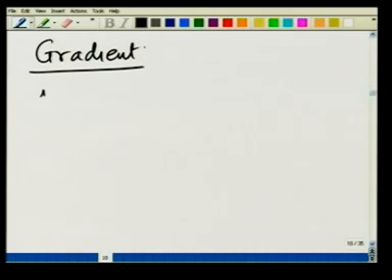Number one, perpendicular to constant u surface.